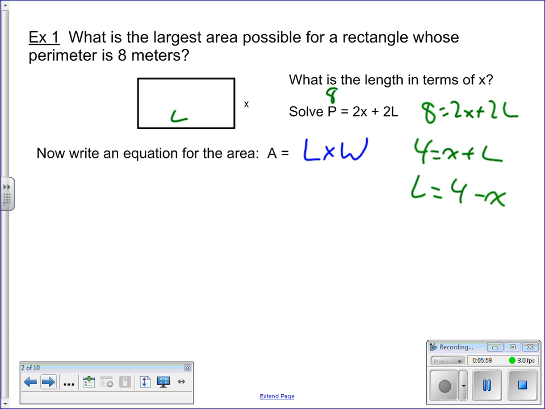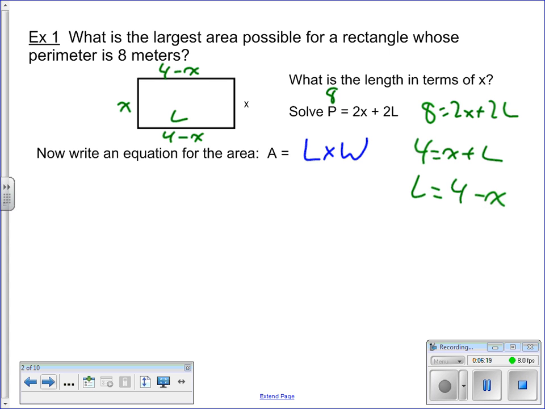So I have my two dimensions, x and 4 minus x. If you have this as x, and this is 4 minus x, and you add all of them together, what do you get? 8. Right? So that's our perimeter.